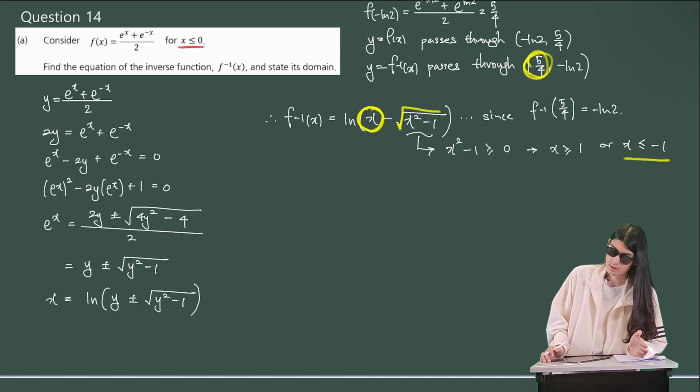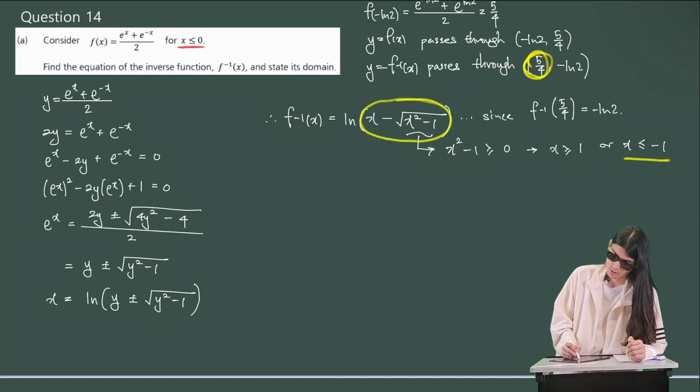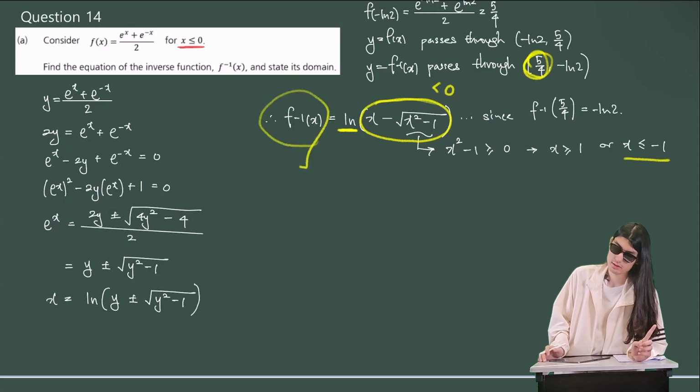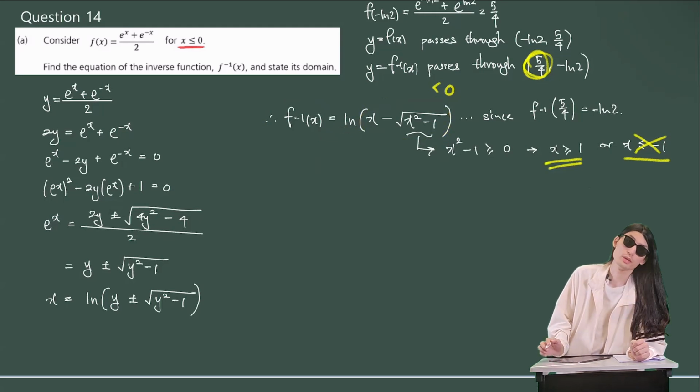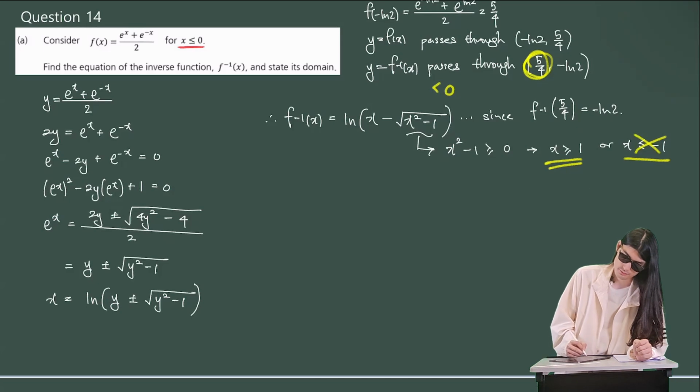Negative number subtract a positive number, then the whole expression will become negative, wouldn't it? But if an expression inside ln is negative, then my inverse function is undefined. So x can't be less than negative 1. x must be greater than or equal to 1. And that is the domain, actually, of this function.